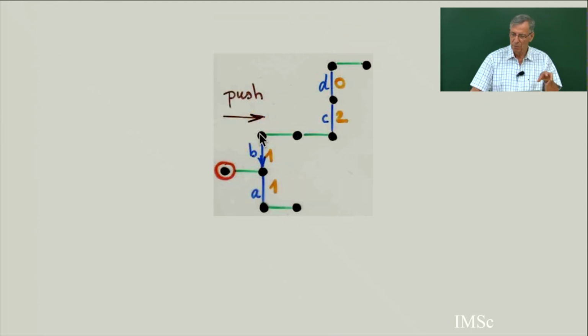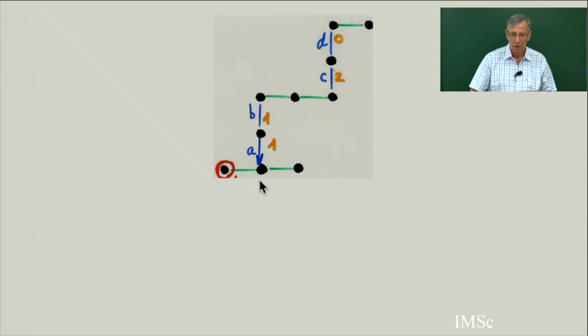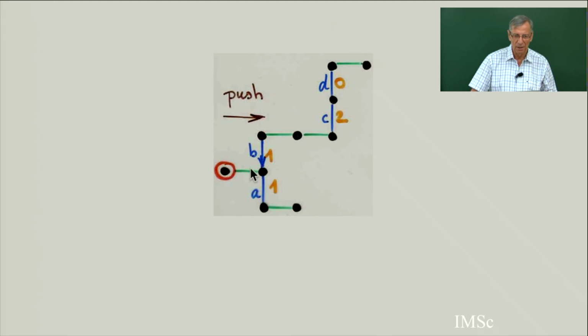Again, this is a solid part of the path, and pushing means that this part is going to be glued with this part, and all this is going to go down. And here you see the part of the binary tree is beginning to appear. My binary tree is a mixture: below it's going to be the binary tree, and there is a tail, a remaining part of the path.